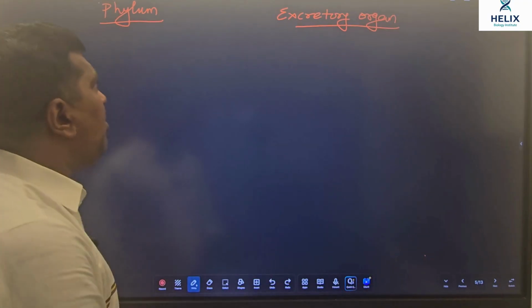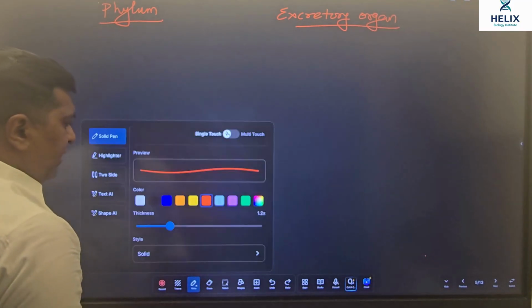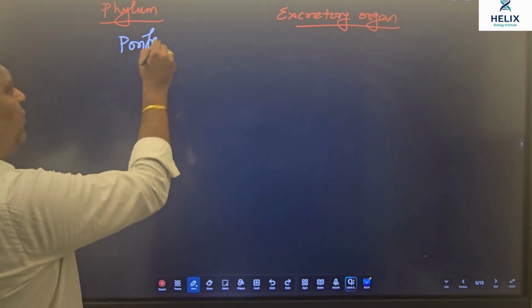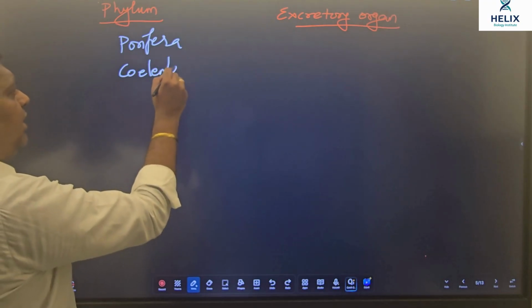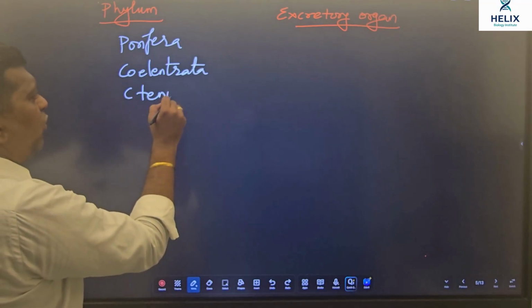So now when we talk about the animal phyla against its excretory organ, starting from the first phyla, Porifera. Then as we go on in the classification, that is Coelenterata or Cnidaria. Next is Ctenophora.